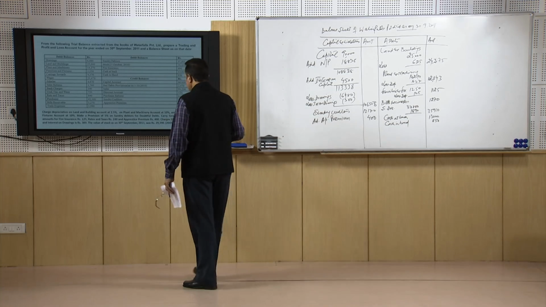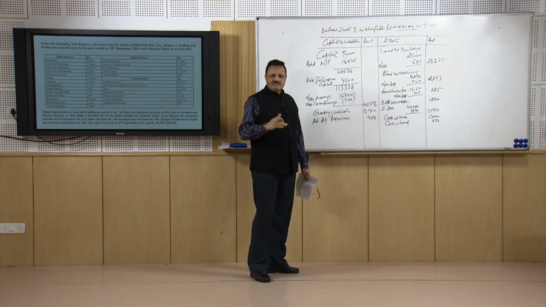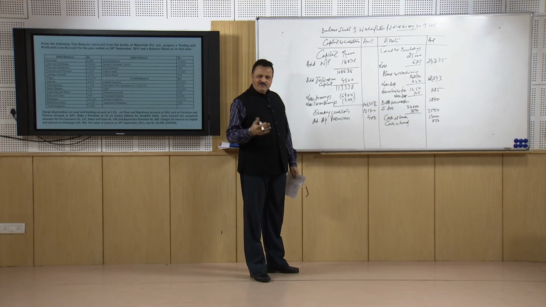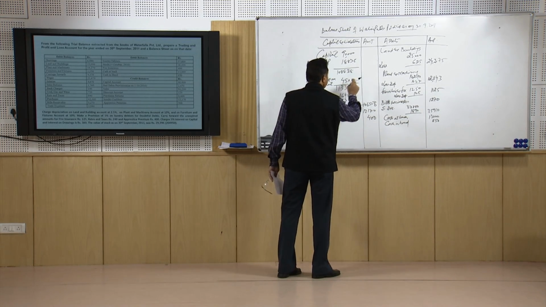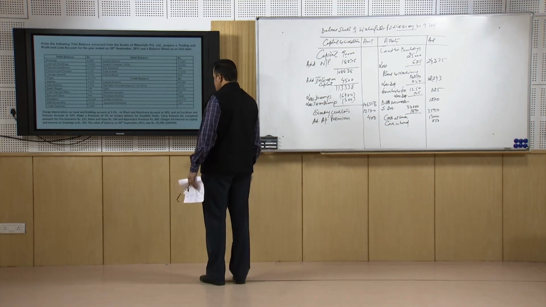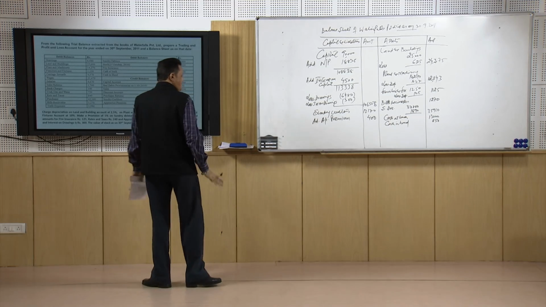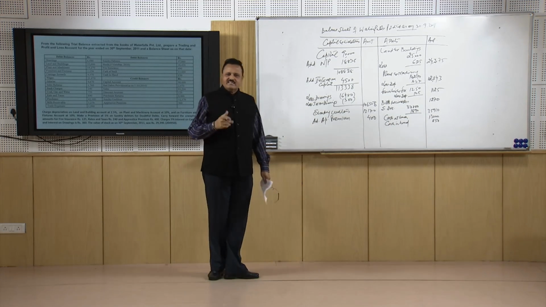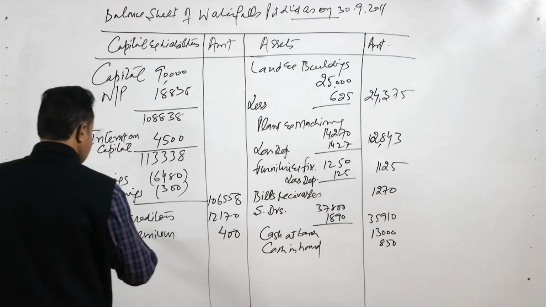Interest on capital we have done both the effects. One effect we have shown in the profit and loss account as a debit entry, we have taken out the money from profit and loss account and we have added this amount here in the capital, so both the effects are complete. Then the interest on drawings, we have already done. We have shown interest on drawings as an income in the profit and loss account, 300 rupees, and the second effect is coming here.